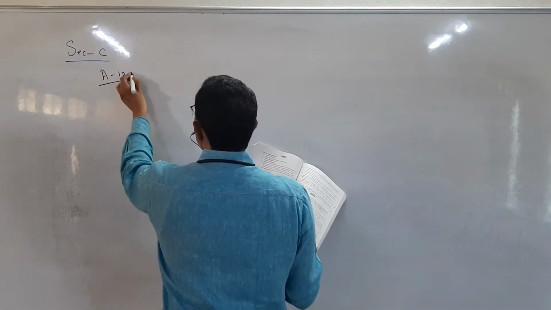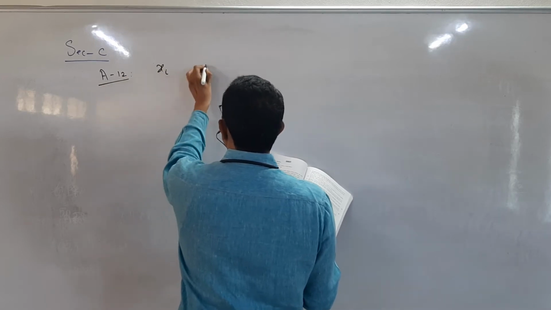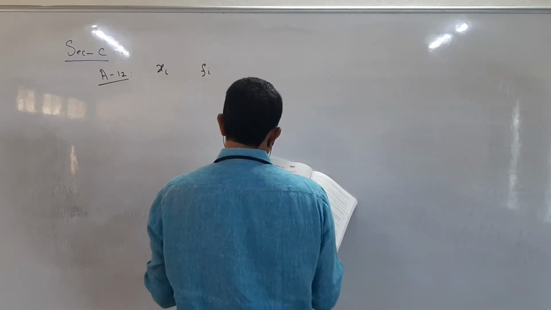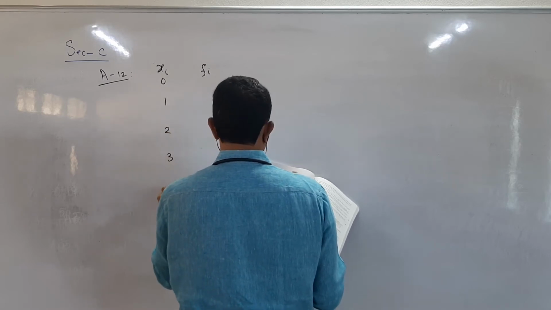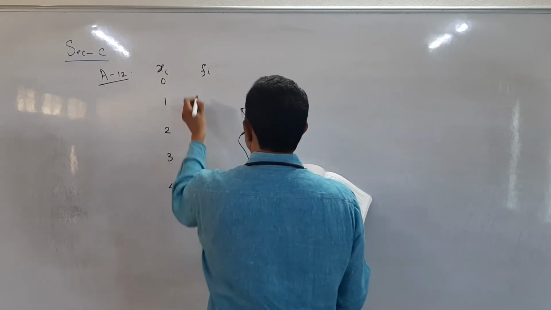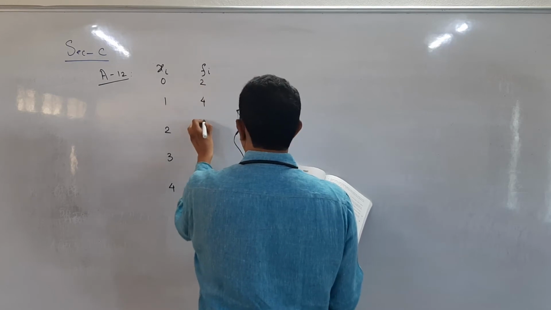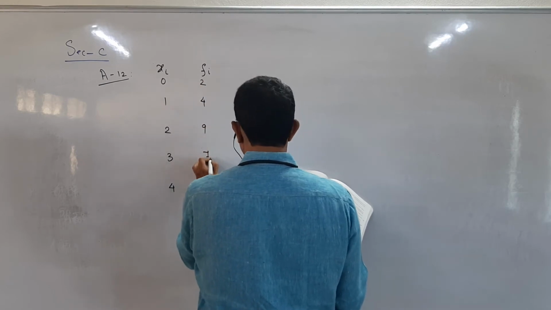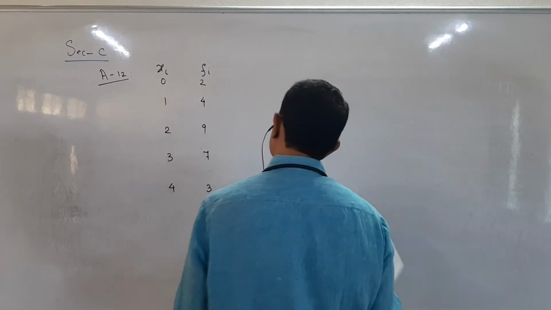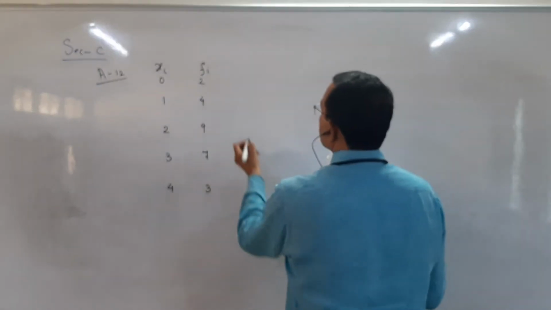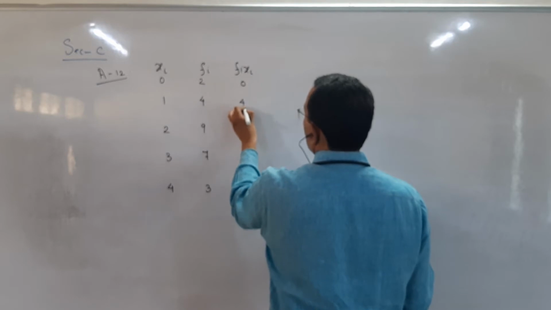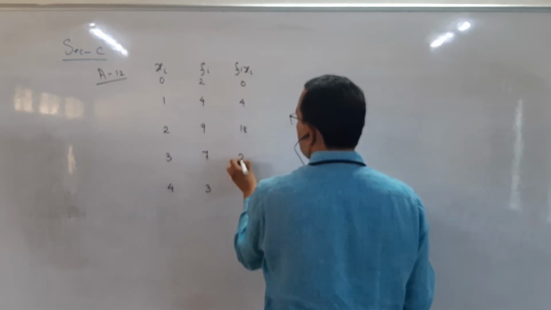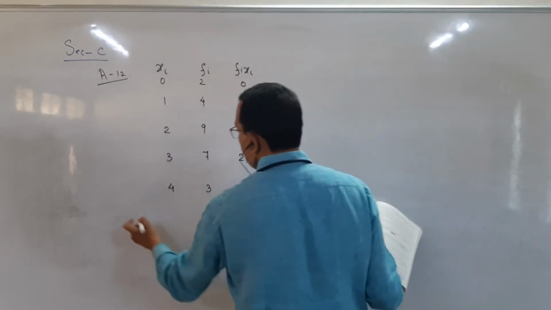This is a discrete frequency distribution where xi and fi are given: xi is 0, 1, 2, 3, 4, and fi is 2, 4, 9, 7, 3. Now make the column of fixi, which is 0, 4, 18, 21 and 12.